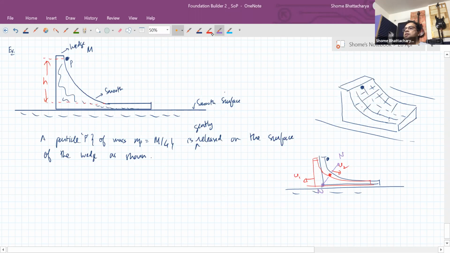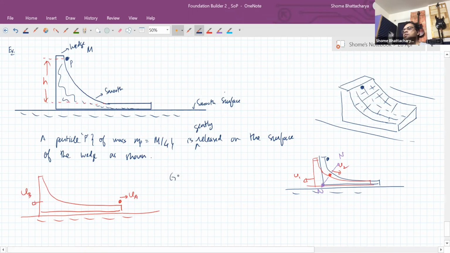As a result, after some time, we observe that the particle has come to this horizontal part over here. It's about to lose contact with the wedge. At that instant, let us say the particle's velocity is VA and the wedge's velocity is VB.